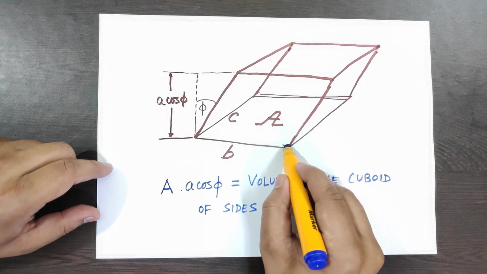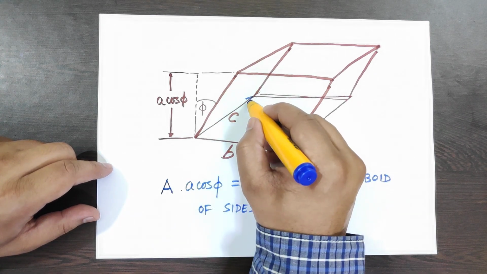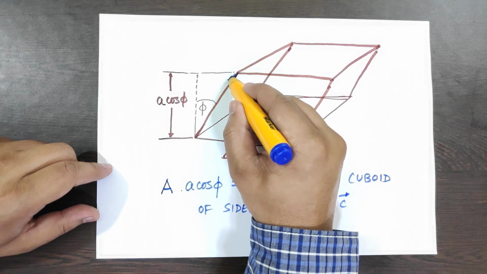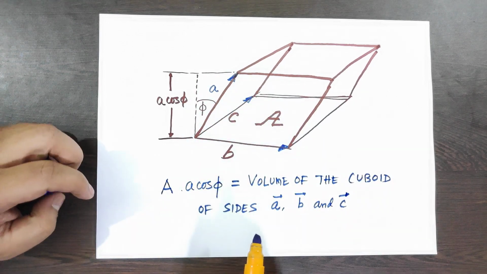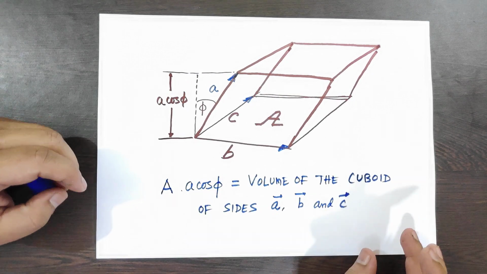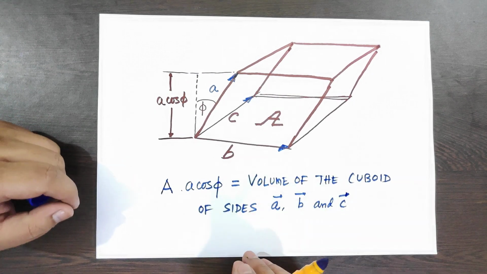These are the vectors. This is vector B, vector C and vector A. Okay. So this is a physical interpretation of triple product.